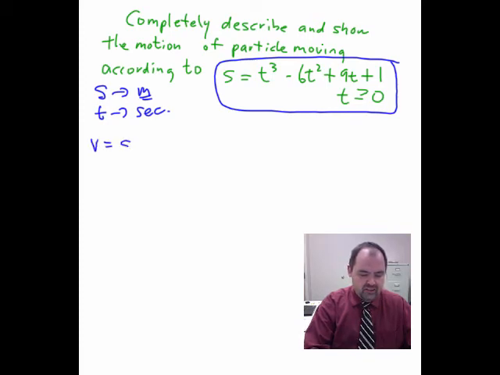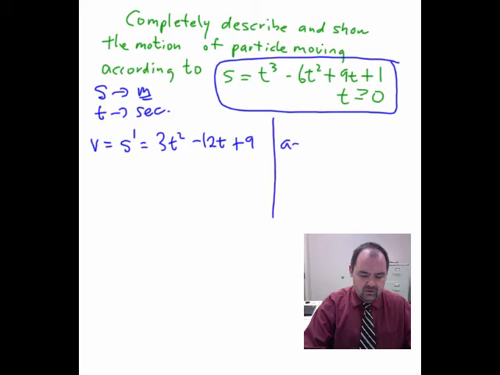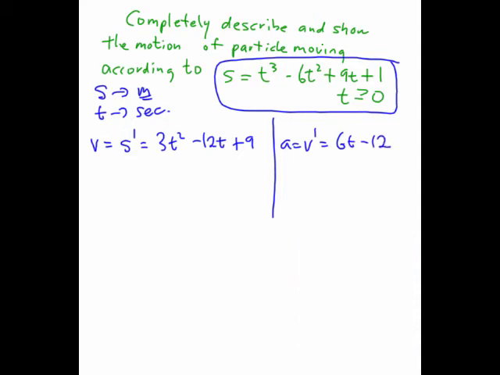The velocity is the derivative of position. And my acceleration, which is my derivative of velocity, is 6t minus 12. So the velocity is 0, and I'm going to solve this equation.